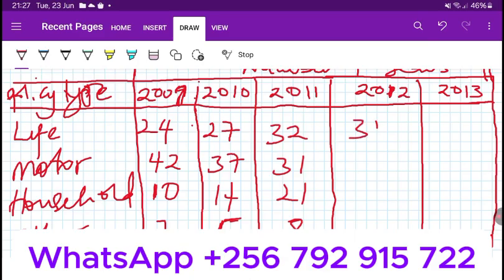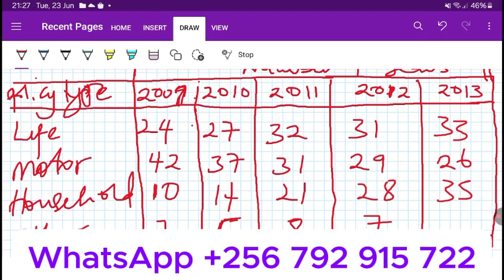Here we have 31, 29, 28, 7. Then lastly, we have 33, 26, 35 and 4. So that's how the data looks like.